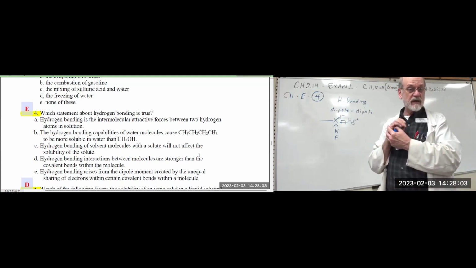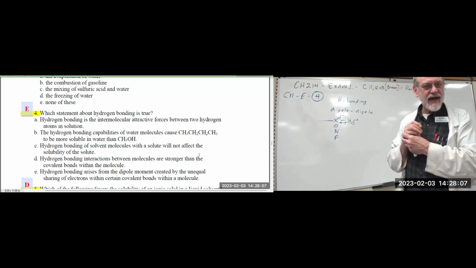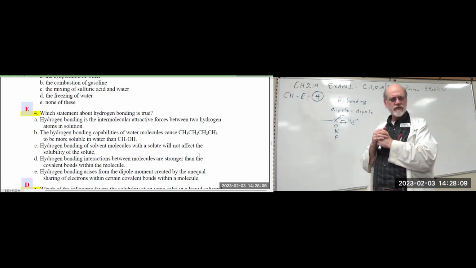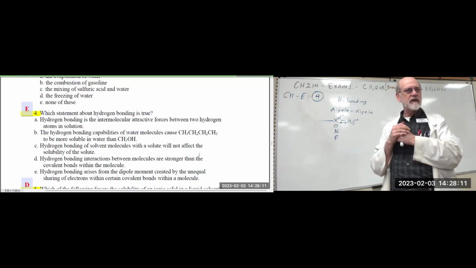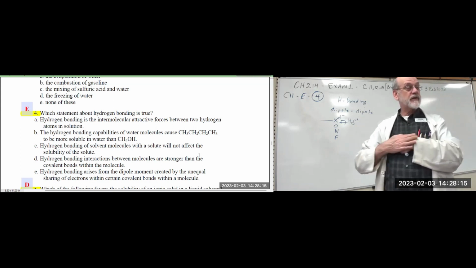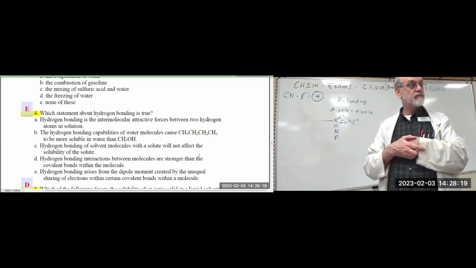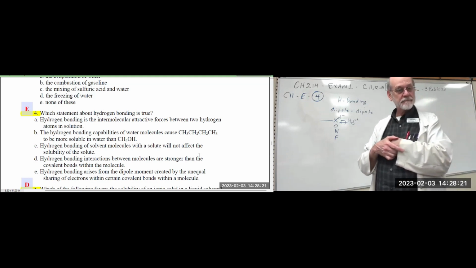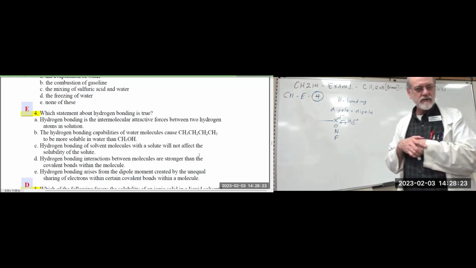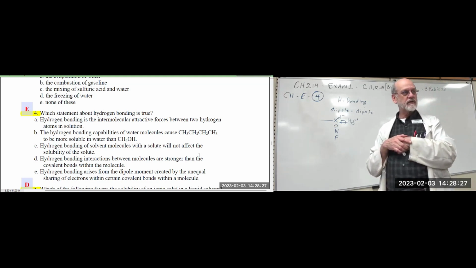Methanol has hydrogen bonding, so it's the other way around. C, hydrogen bonding of solvent molecules with a solute will not affect the solubility. I beg to differ. It's very effective at solubilizing molecules if there is hydrogen bonding interaction. Hydrogen bonding interactions between molecules are stronger than the covalent bonds within the molecules.